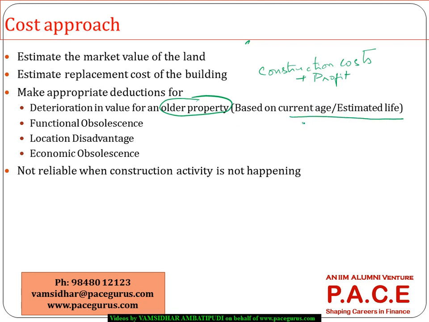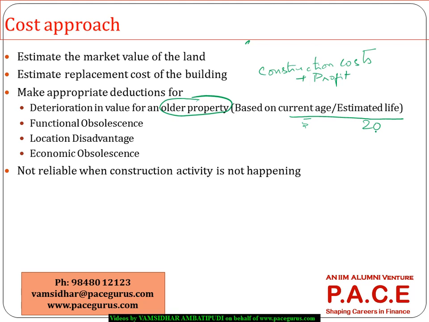Let's say the building is 5 years old, but we are estimating the building to have a life of 20 years. Because it is already a 5-year-old building, there is some normal wear and tear that has occurred. So for those kinds of scenarios, you can reduce the value.